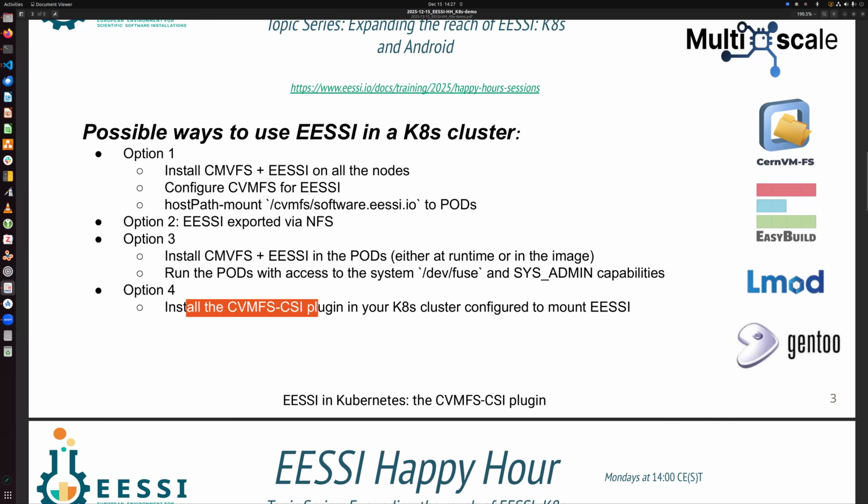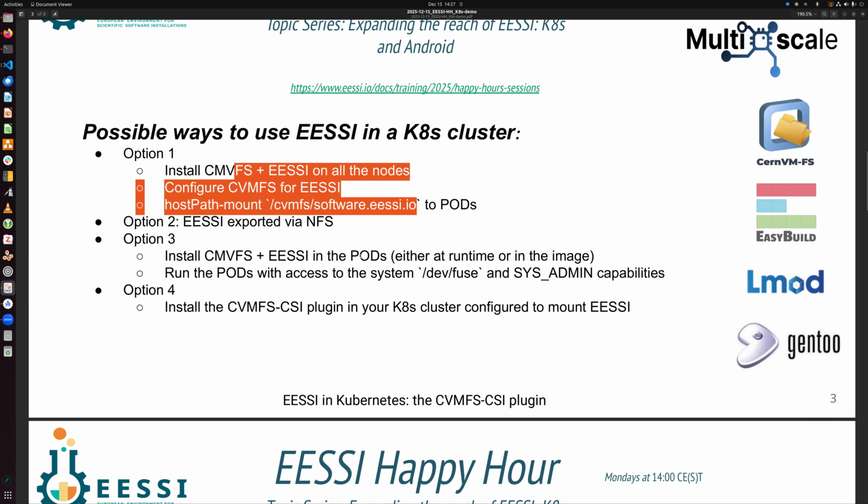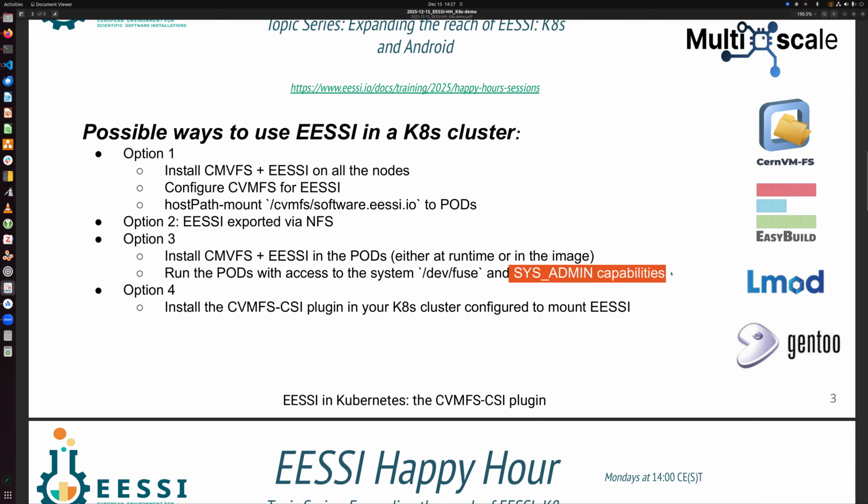So the plugin is doing this and this for you, with the nicer side that only the CSI plugin has to have sysadmin capabilities, and all the containers that the user could start do not. So if you have a JupyterLab server and the user can just start instances on your Kubernetes cluster and get access to a shell, they will not have a shell with sysadmin capabilities that can then do stuff to your machine.